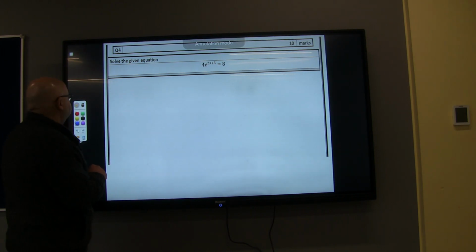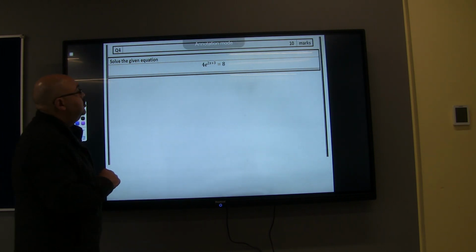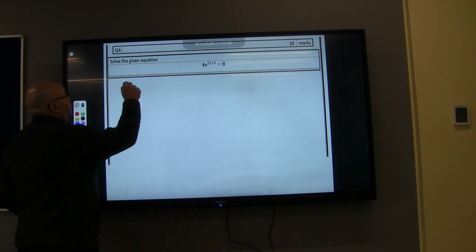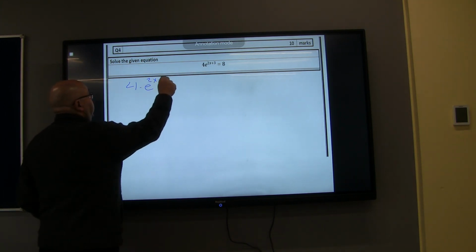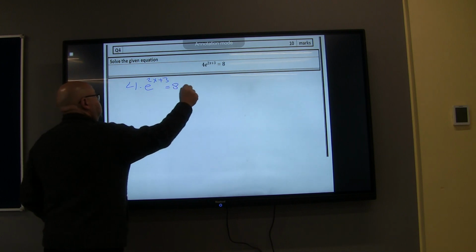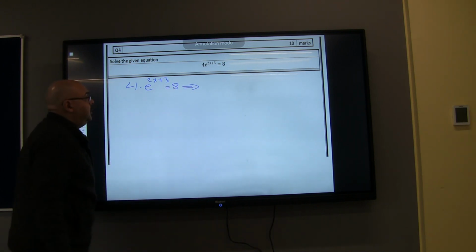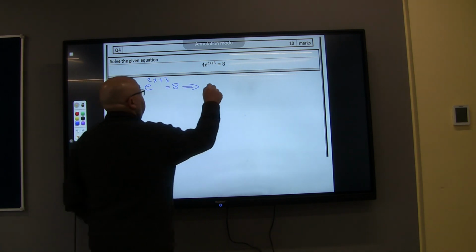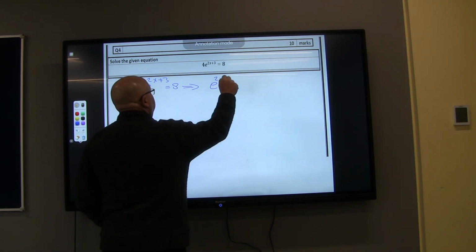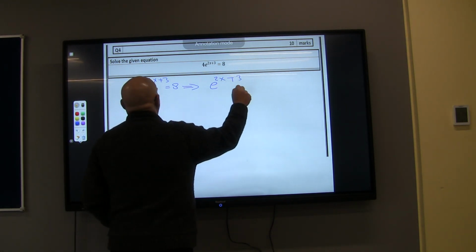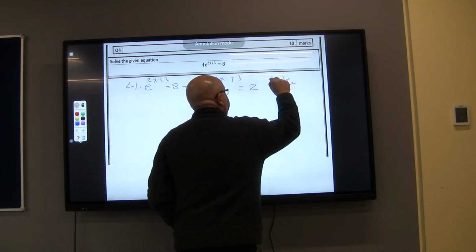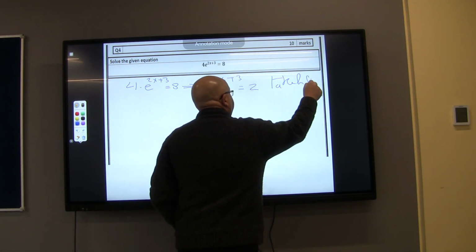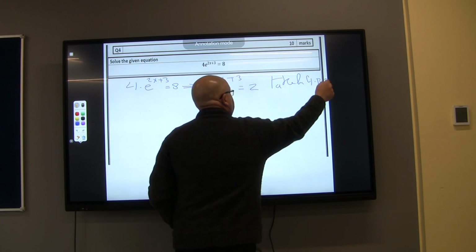First of all, I will try to isolate the exponential part. So instead of having 4 times e to the power of 2x plus 3 equal 8, once more I will divide the whole equation by 4. So it's going to be e to the power of 2x plus 3, which is going to equal 2. Simply take ln for both sides.